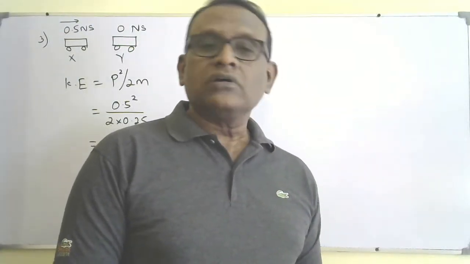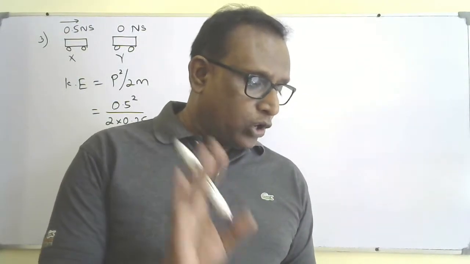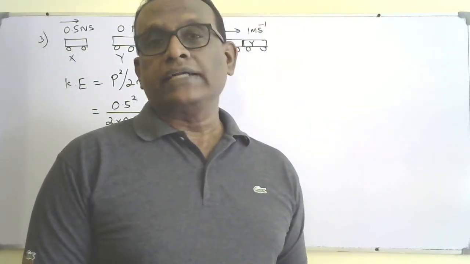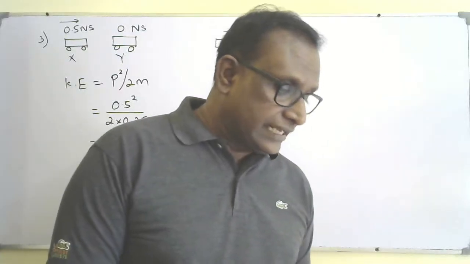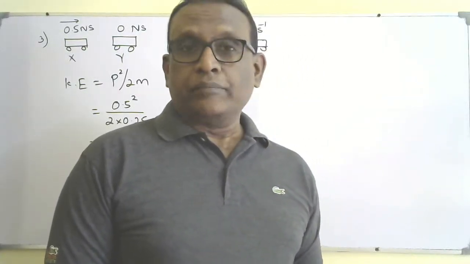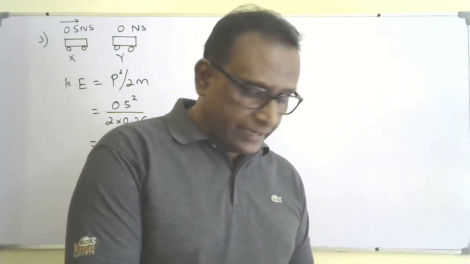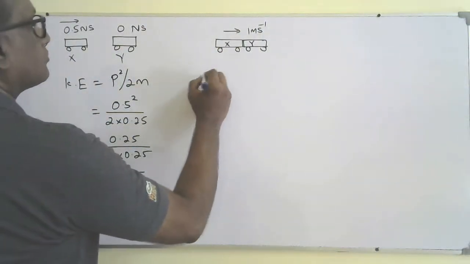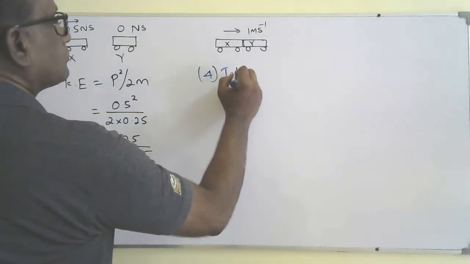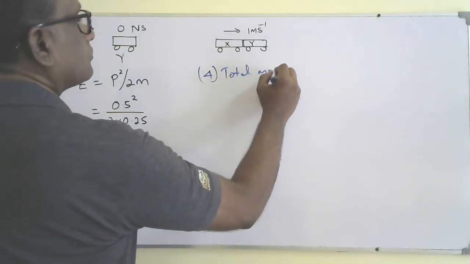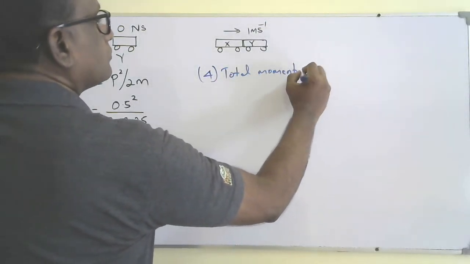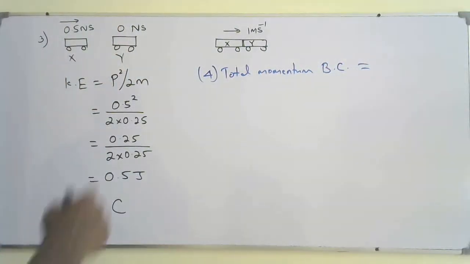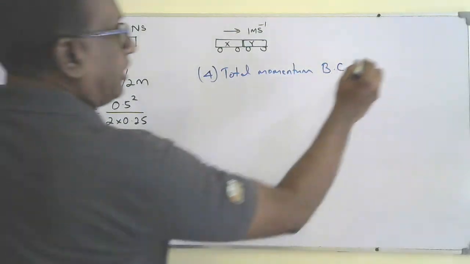Question number 4, a table is given about momentum and elastic or inelastic collision. Which quantity is conserved? If you think about the total momentum before collision and total momentum after collision, I'll do it here. Before collision, this is at rest, so 0.5.